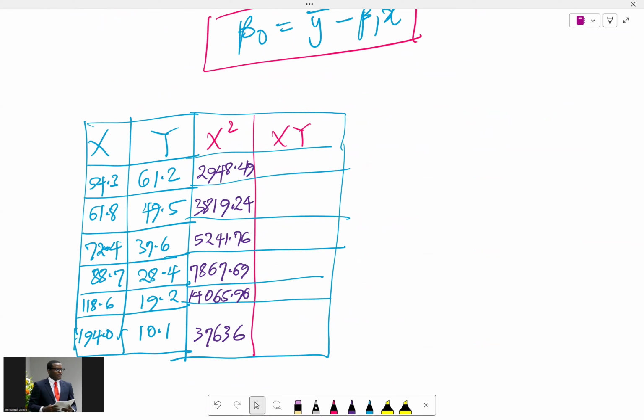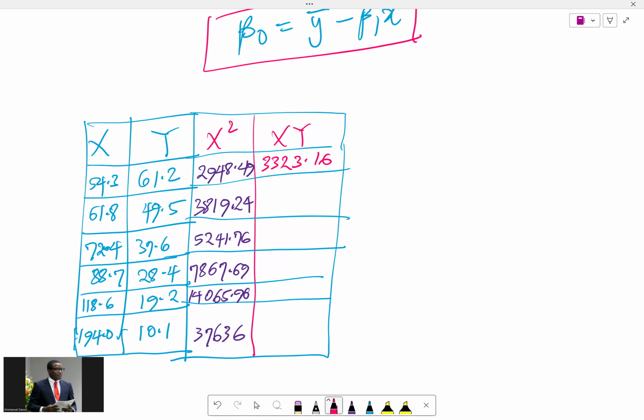Here now, we have 54.3 times 61.2. That is 3323.16. Next is 61.8 times 49.5.